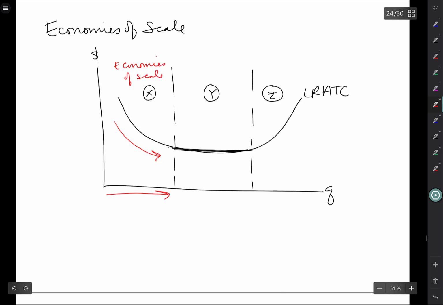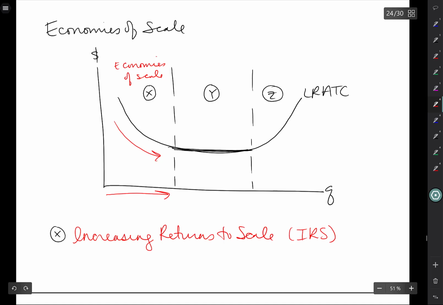In other words, savings by scaling, by getting bigger. And let's understand why that's the case. So under region X, notice what's happening. Average total cost is dropping as we produce more. When this is the case, we have a concept known as increasing returns to scale, also known as IRS, increasing returns to scale.